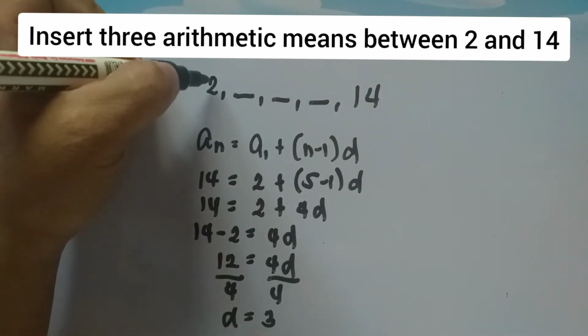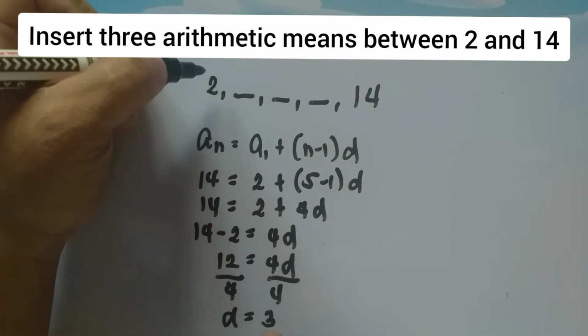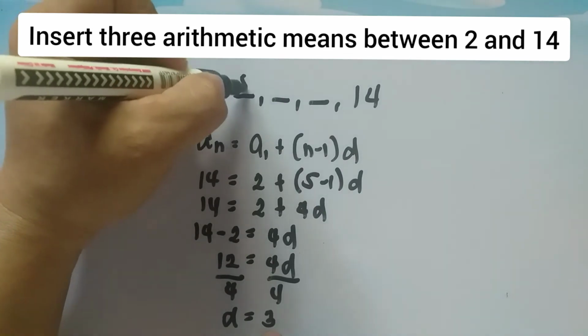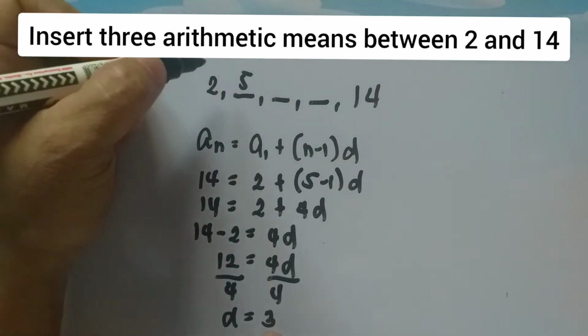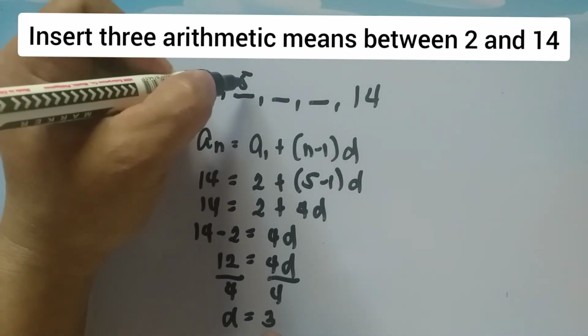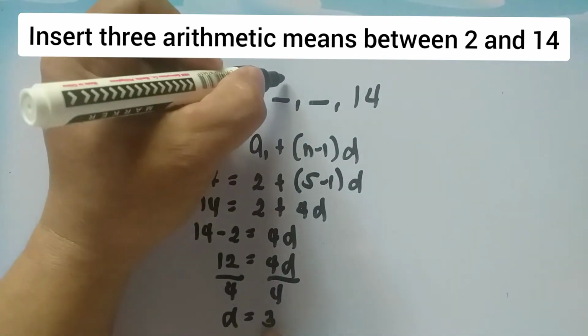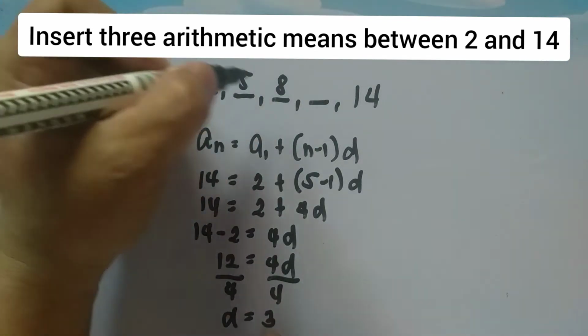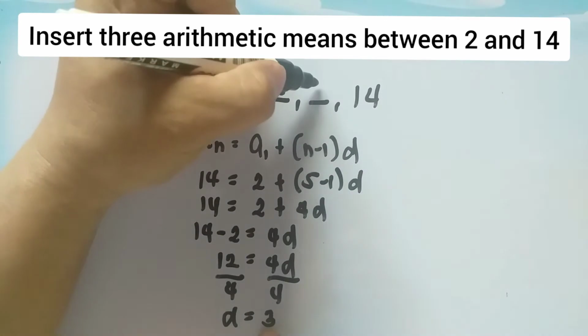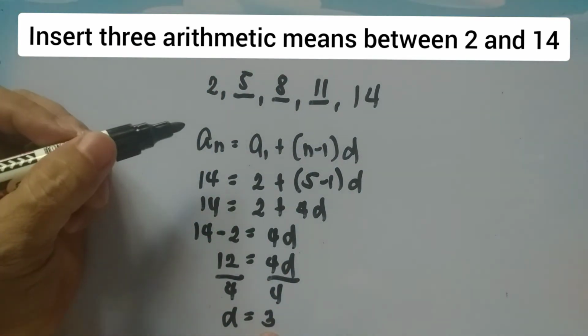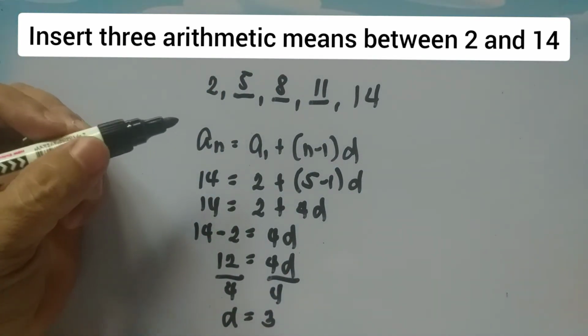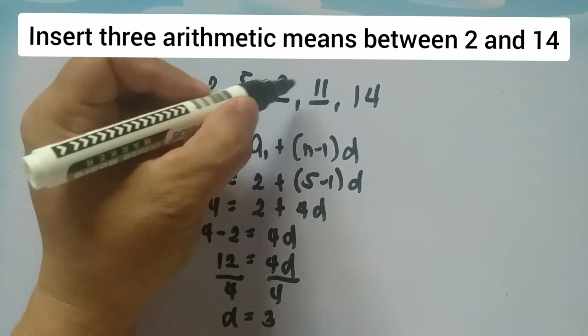So first term, which is 2 plus 3, is 5. Then from 5 we add 3 again. 5 plus 3, we have 8. Then 8 plus 3, 11. Therefore our arithmetic means are 5, 8, and 11.